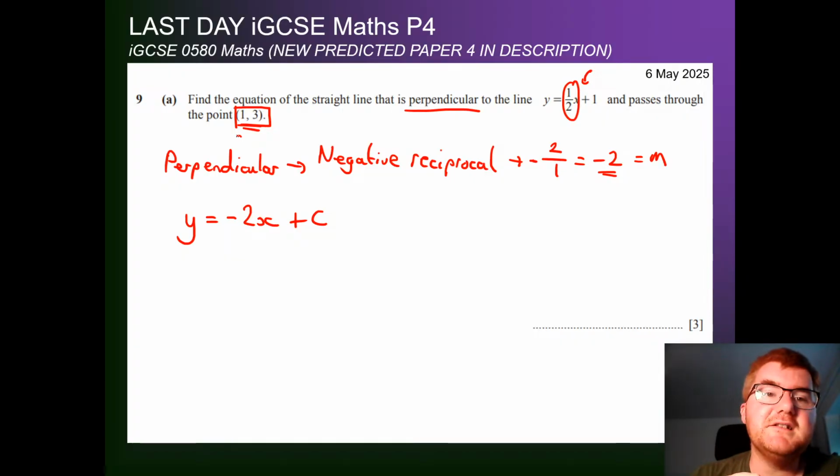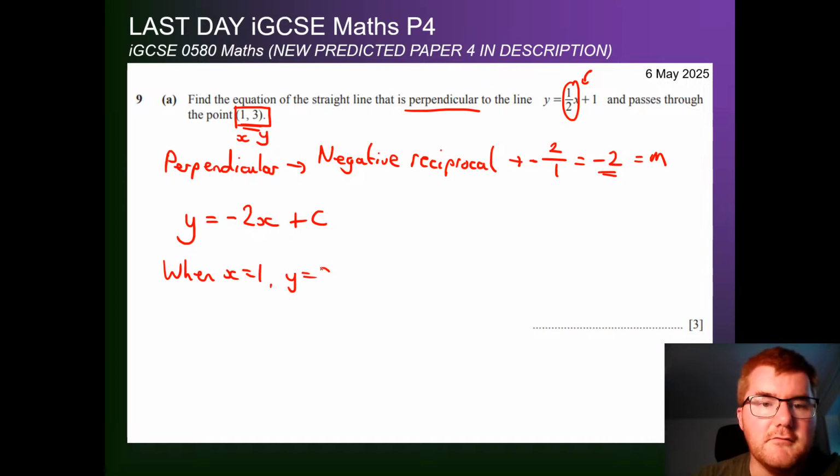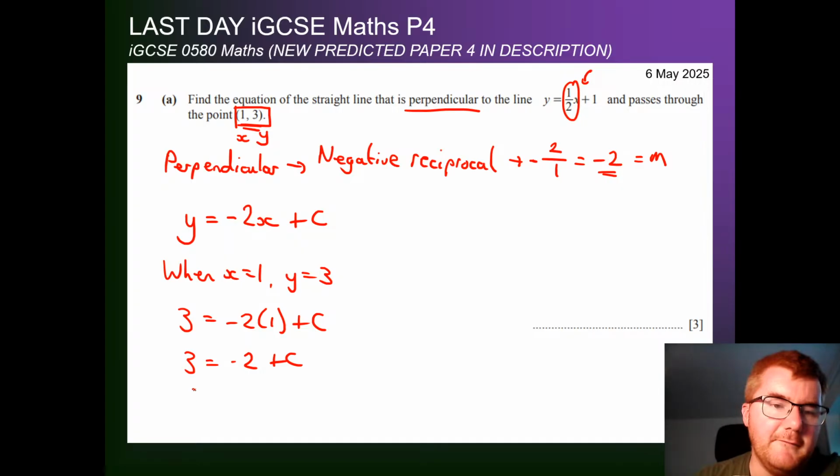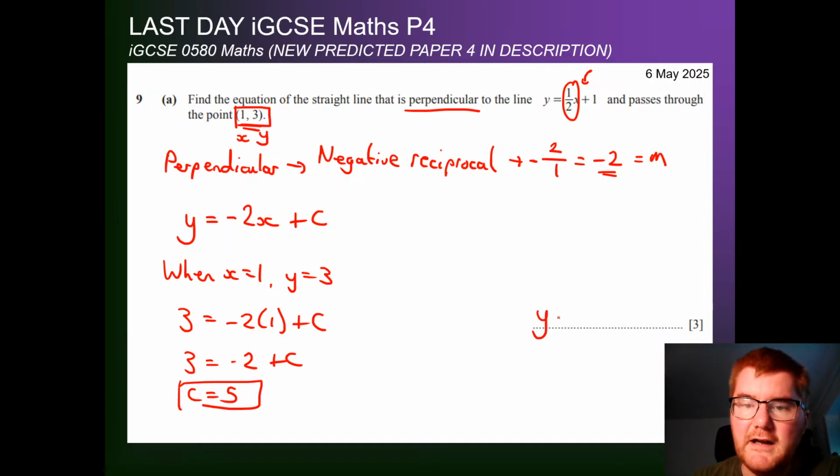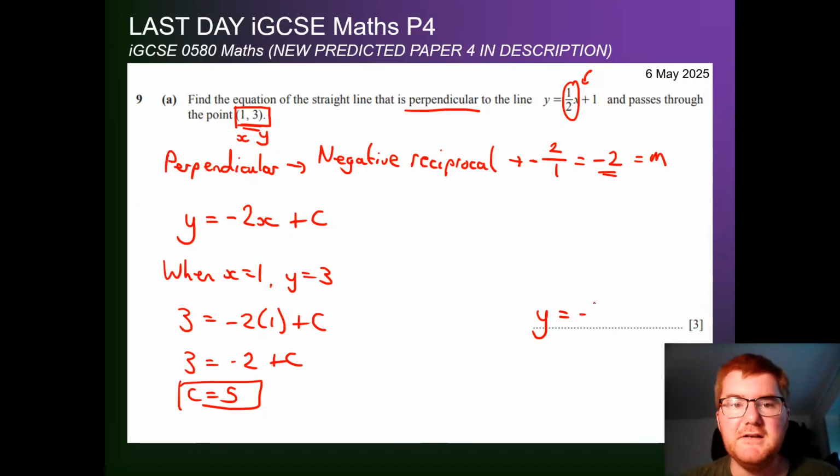So we know x is 1 when y is 3. So let's just put it in. 3 equals minus 2 lots of 1 plus c. 3 equals minus 2 plus c. Therefore, c is equal to 5. So our final answer for the line will be y equals minus 2x plus 5.